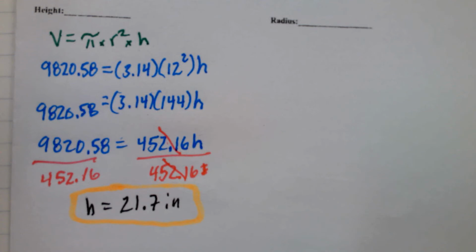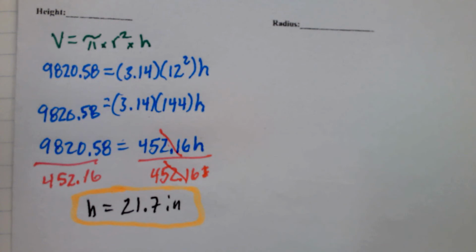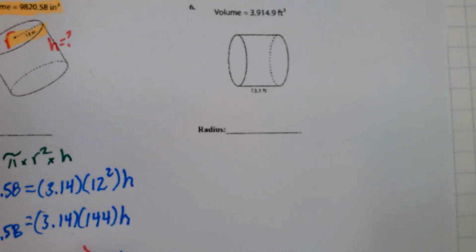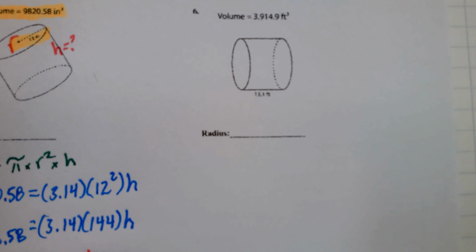It's just inches, a regular length, so that's what we call linear units, because it's a length. Same thing for the next one, number 4, the final one. What is it that we don't know? Radius.